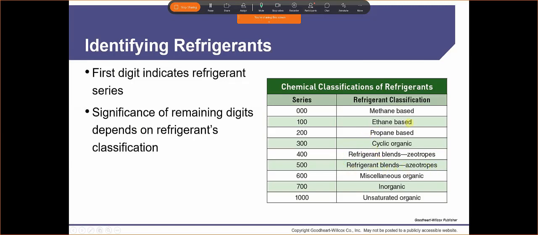We also have the 1, 2, 3, 4, which are ethane based, and then the 200 series, which are propane. So if you come across a 200 series, you know that it's flammable because of the propane inside. We've got organics, inorganics, and so forth. But each one has its own designation, so you know what the constraints are of each refrigerant.